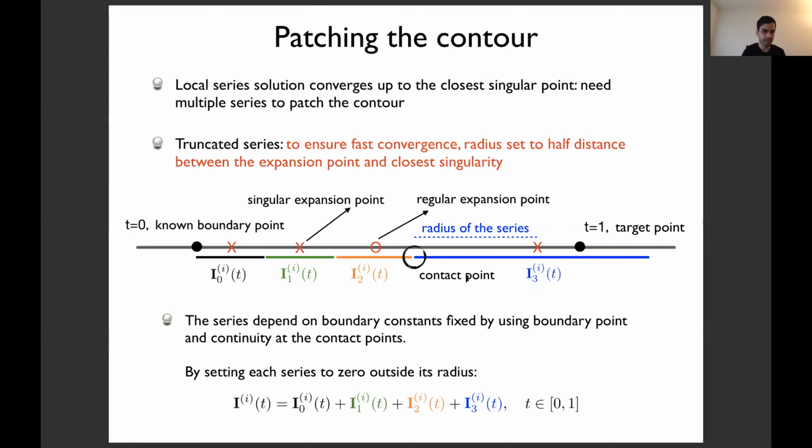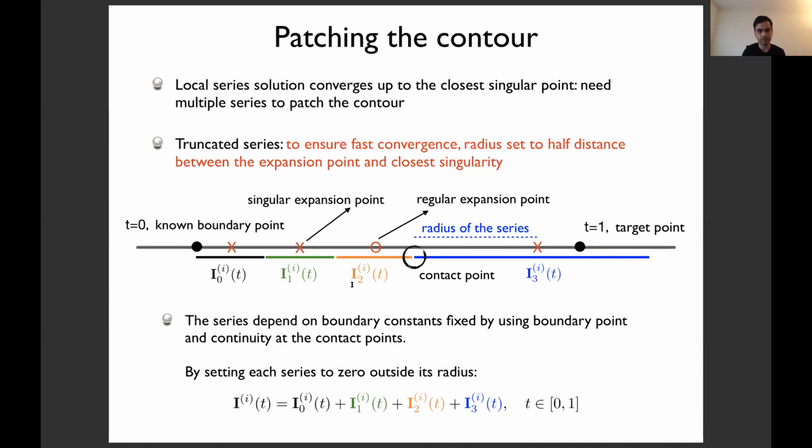Okay, so there is an important point here: these series have been obtained from differential equations. And as we know, a given solution of a differential equation will be only determined up to a set of constants. But here I'm assuming that one point is known, our boundary point. So this first set of values will fix the constants for the first series around the contour.